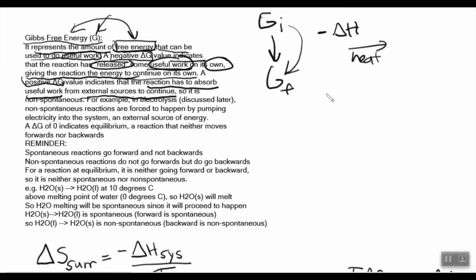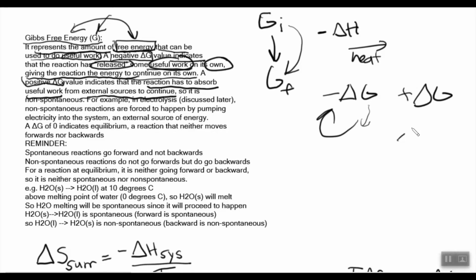So for a negative ΔG, the G that is released by the reaction can actually start the reaction up and kind of keep it going. But for a positive ΔG, you don't really have any free energy that's being produced to move the reaction forward.